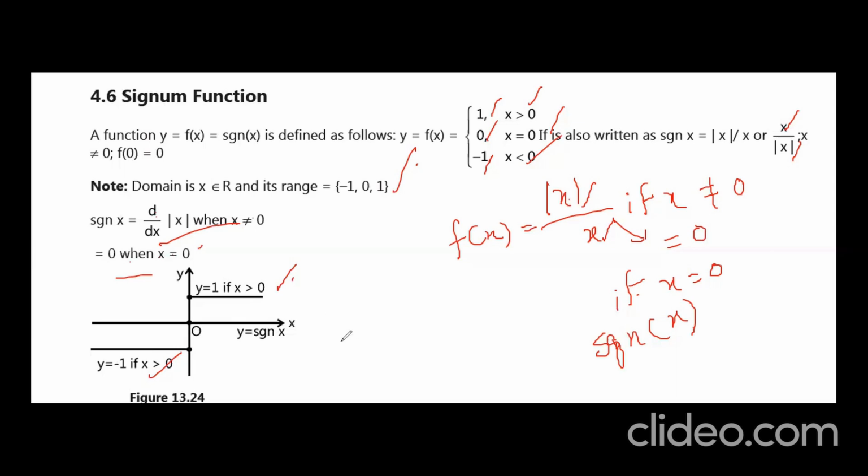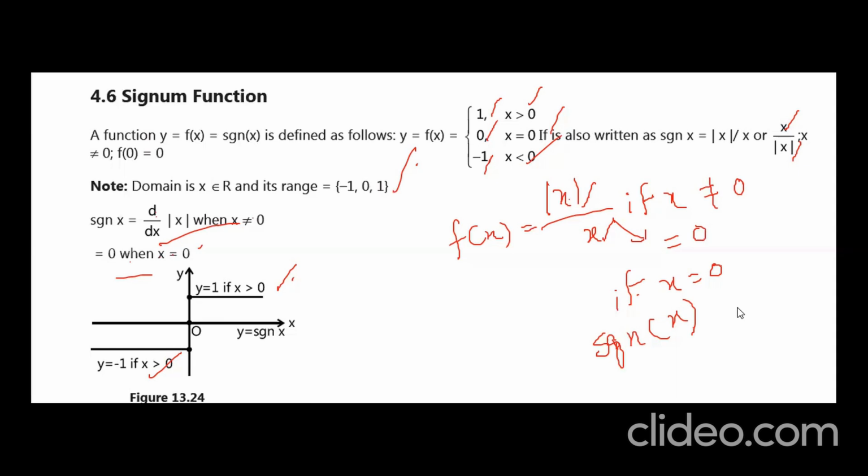Whether x by mod x or mod x by x, there is a slight change here, but any way you can take. So f of x is equal to 1 for x greater than 0, 0 for x equal to 0, and minus 1 for x less than 0. Like that we can take.